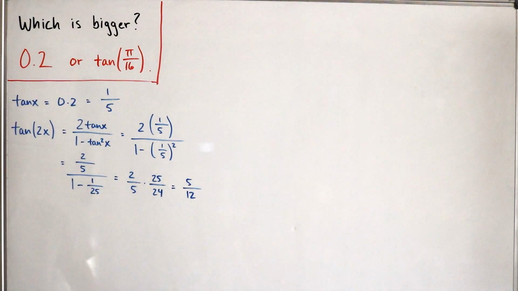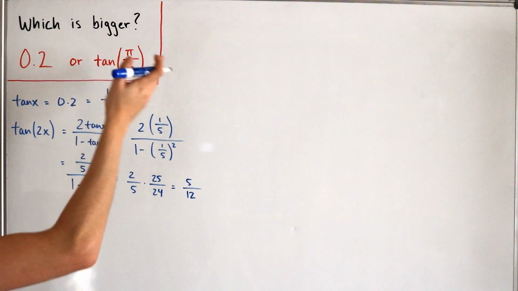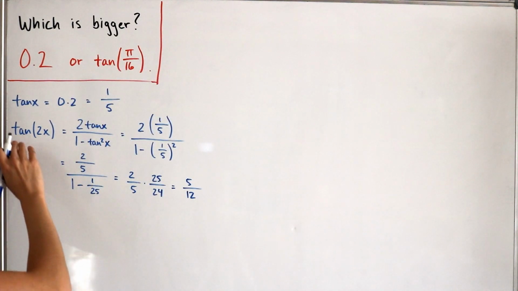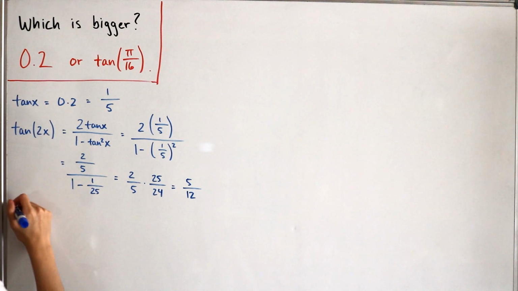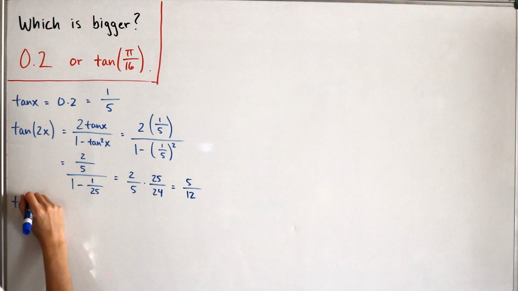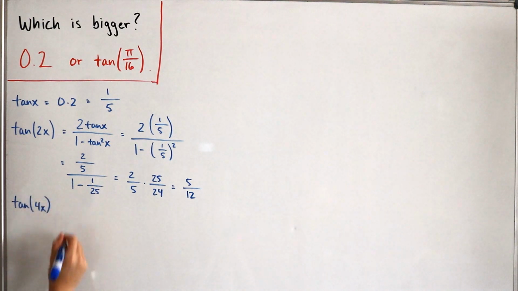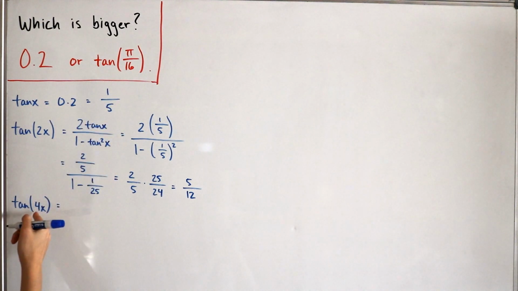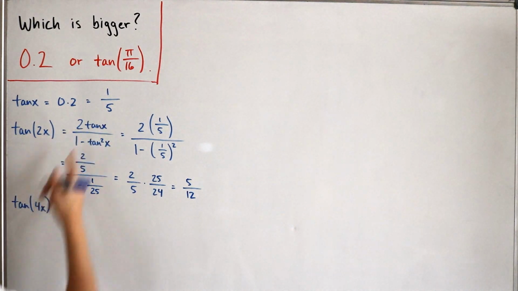So what does this result have to do with making these comparisons? Well, we'll be doing the same format again. Instead, we'll be doing tangent of 4x, and you will see after this computation why this is important. So if we do the same thing again, now 2x is the input.